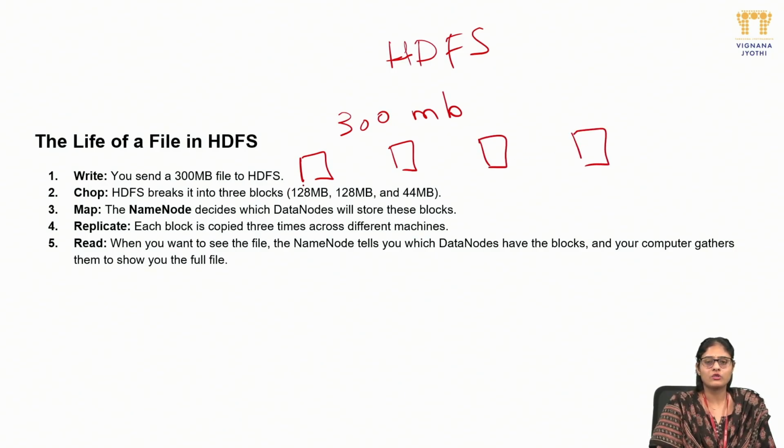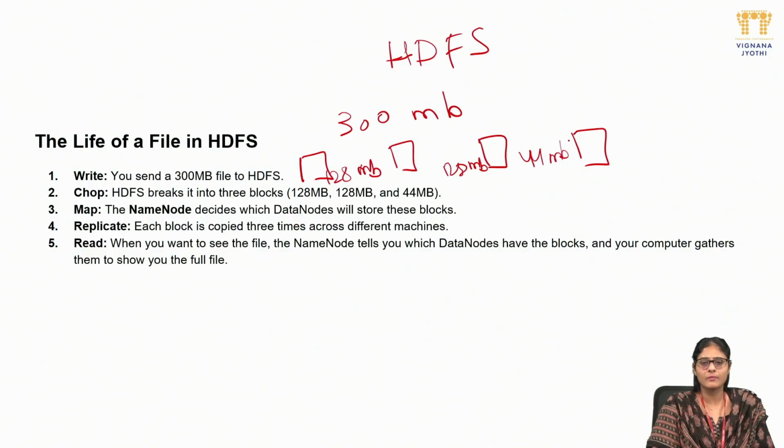Each block will store only 128 MB. Here 128, here 128, and how much is remaining? 44 MB is remaining. That 44 MB we will store in the third block. In this way, Hadoop Distributed File System works. By default, each block can only store 128 MB, and the remaining goes in the next block. That is how we store in HDFS.